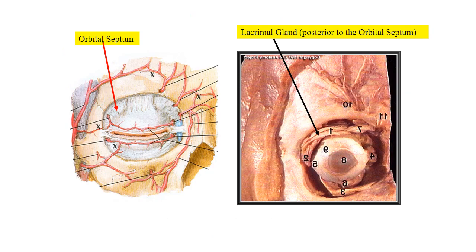Looking at the eye from the anterior perspective, if we take all the skin off as well as all the muscles and go right down to the bone, this is the upper eyelid, and there's a vertical sheet of connective tissue that spans between the superior orbital margin, this bone right here, and comes straight down onto the eyelid. This forms a little vertical barrier to prevent things from going through the upper eyelid and into the orbit.